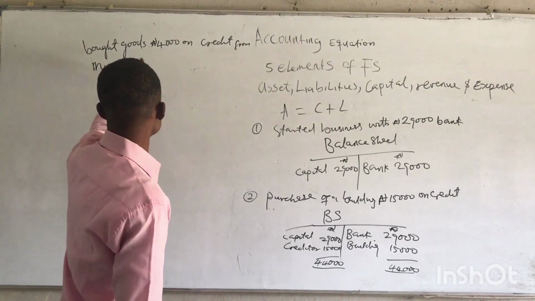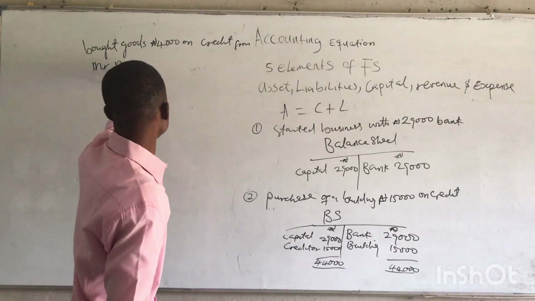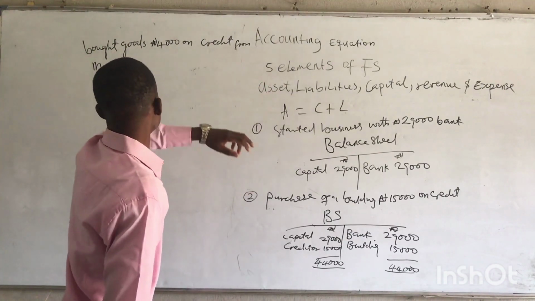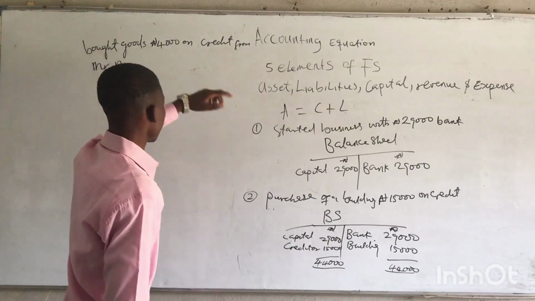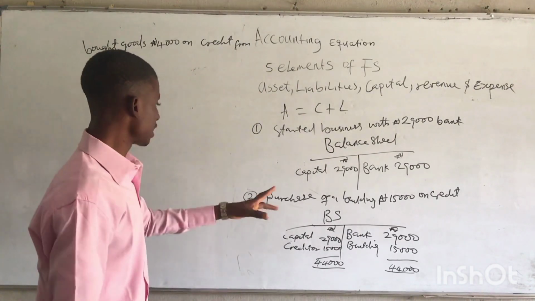First of all, the two accounts affected in this transaction are the creditors account and the asset account, which is the stock. So how is it going to be represented in the balance sheet?